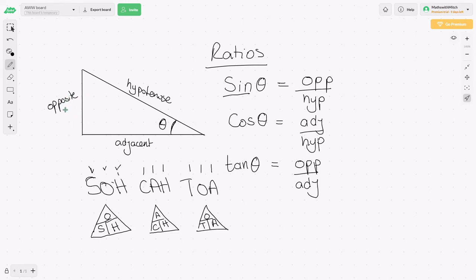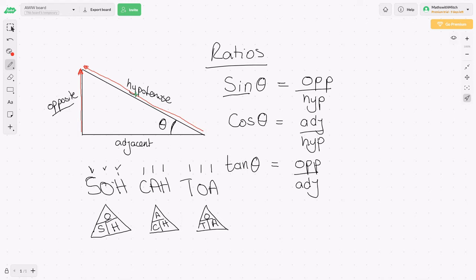And it will be equal to opposite over hypotenuse. So it's the ratio of the opposite here compared to the hypotenuse. What we're saying there is the ratio of the length of this side, the vertical side in this case, compared to this length here, the hypotenuse. And the hypotenuse, by definition, is the longest side of the triangle.